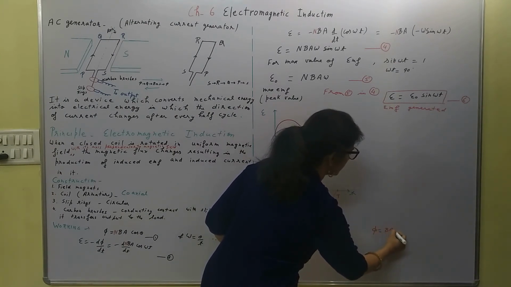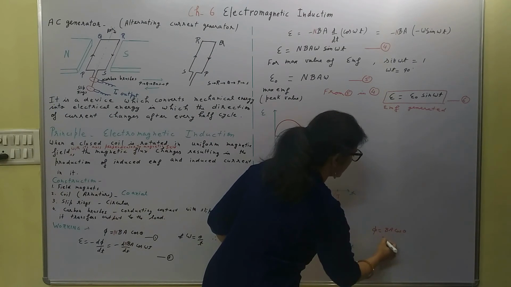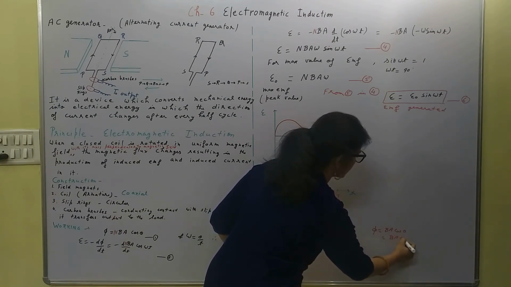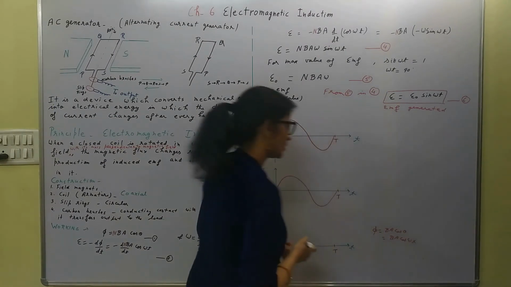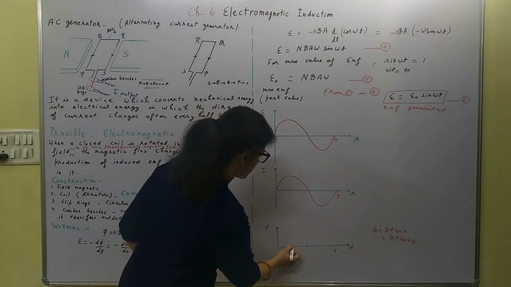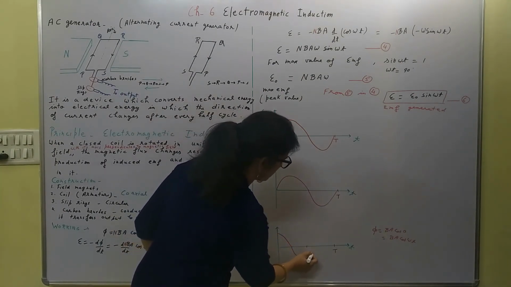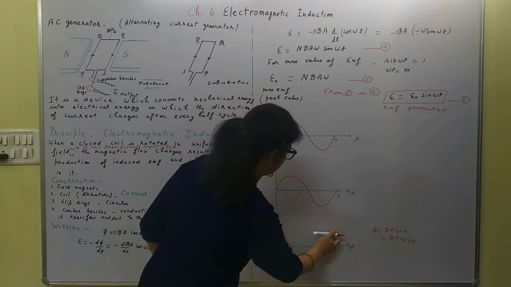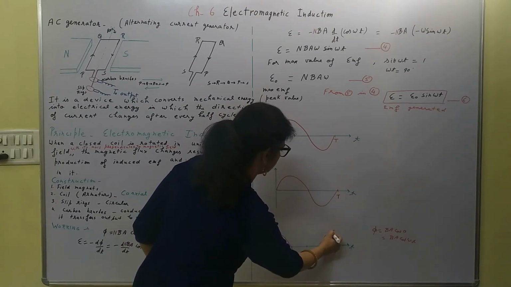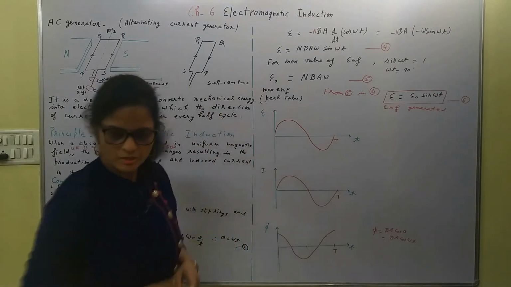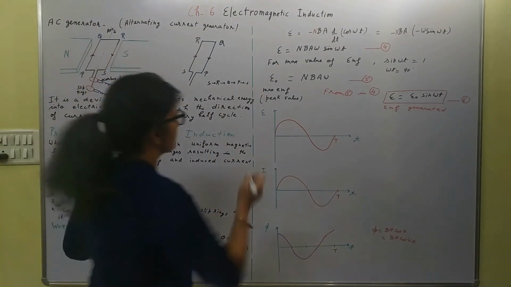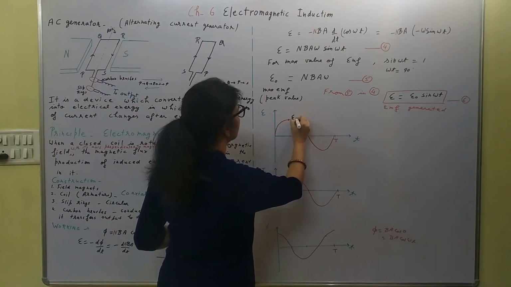This is BA cos theta, that is BA cos omega t. So it will be according to cos. So this will be the value of maximum, that is the peak value of EMF.